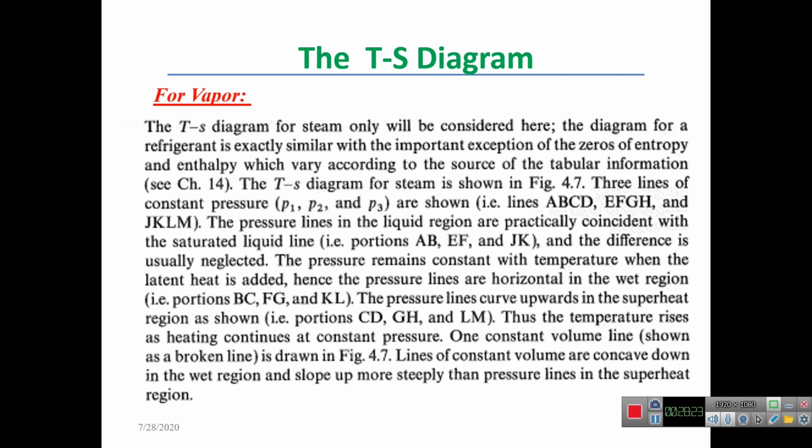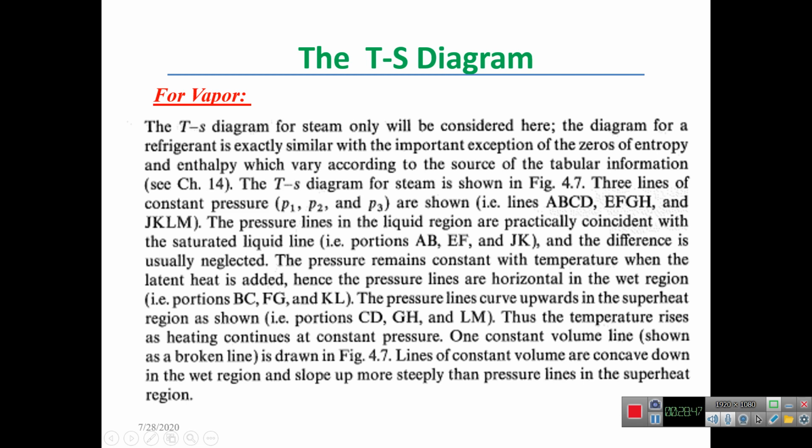Now, as we have just stated on the TS diagram, which we have seen earlier on, we have 3 pressure lines, P1, P2, and P3, which are shown by A, B, C, D, E, F, G, H, J, K, L, M, and the pressure lines in the liquid region are practically coincident with the saturated liquid line.